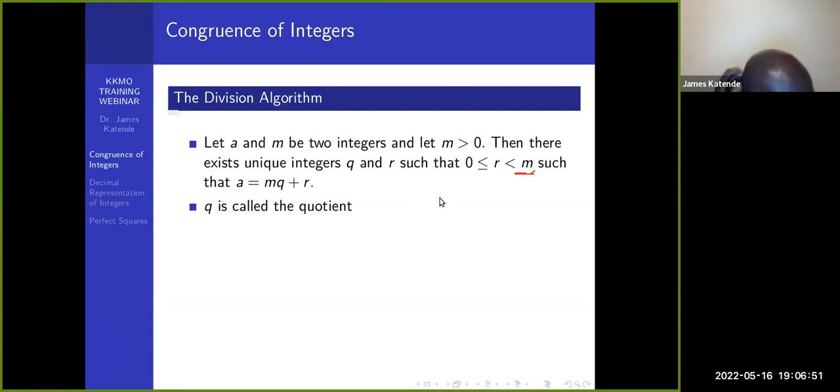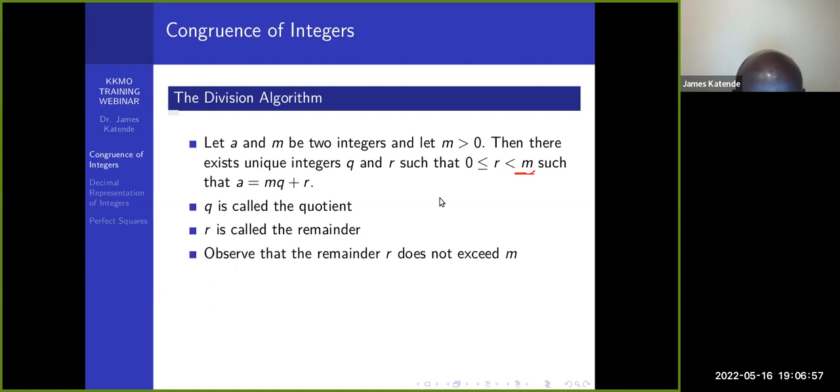You can't find more than one pair of values. The q is called the quotient, r is called the remainder, and observe also that we have made that special mention that the remainder cannot exceed the divisor m.